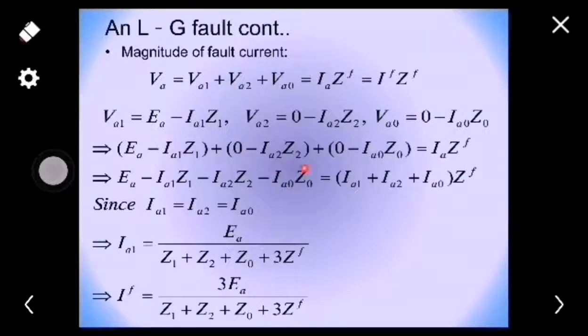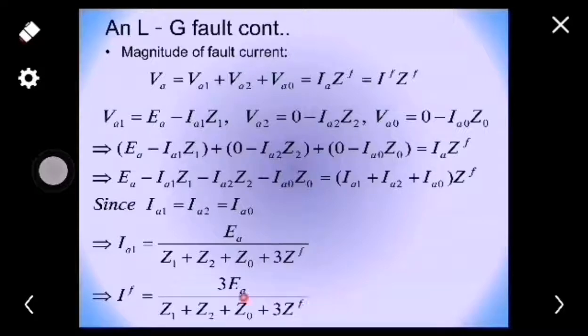When you simplify this equation and put in the derived condition IA1 equal to IA2 equal to IA0, you will find IA1 is always equal to EA upon Z1 plus Z2 plus Z0 plus 3ZF. It means fault current is 3 times the sequence current. Why? Because IA1, IA2, IA0 was equal to 1 upon 3 into IF, and that's why IF is 3 times EA upon Z1 plus Z2 plus Z0 plus 3ZF.